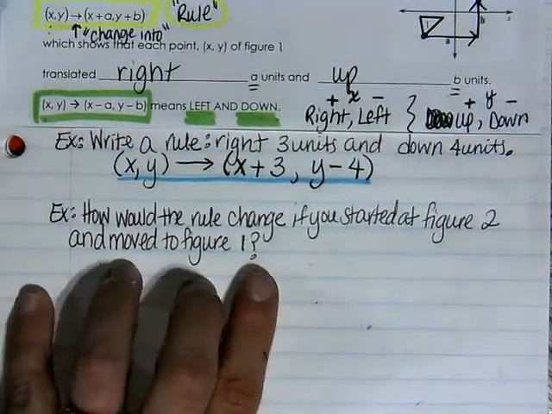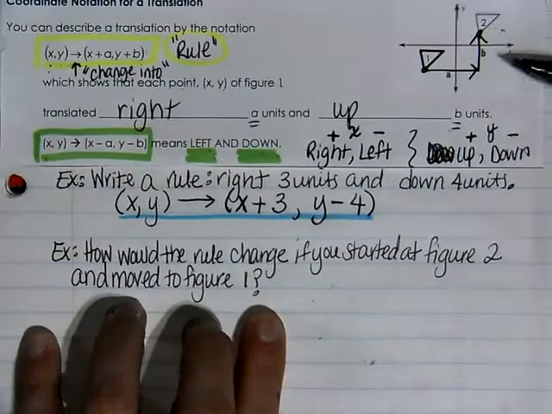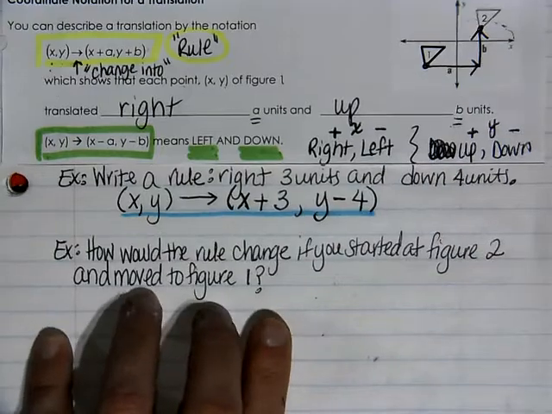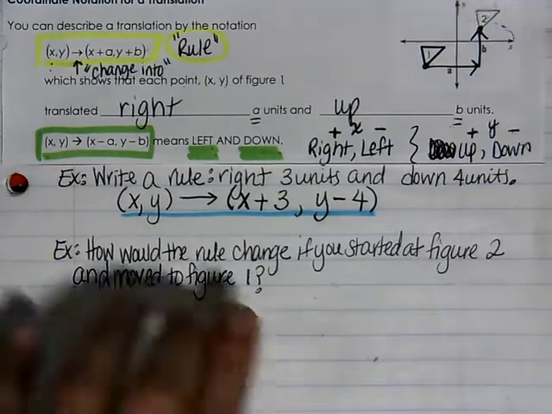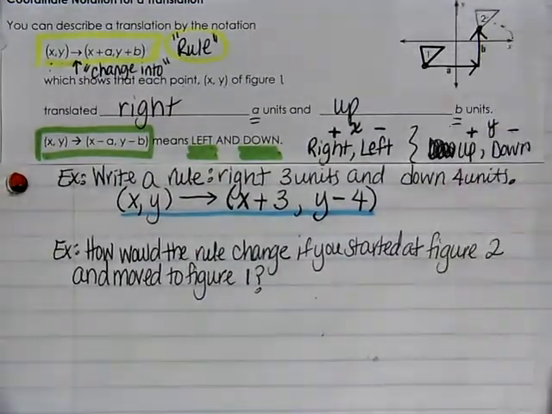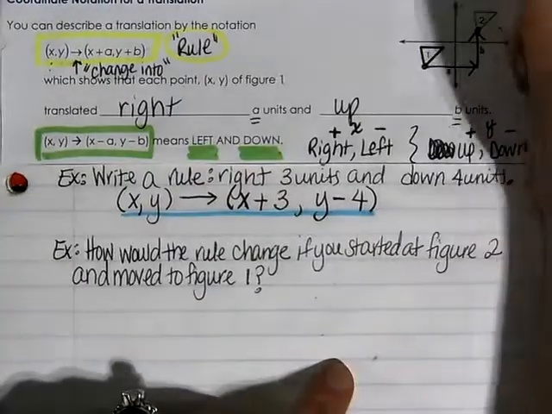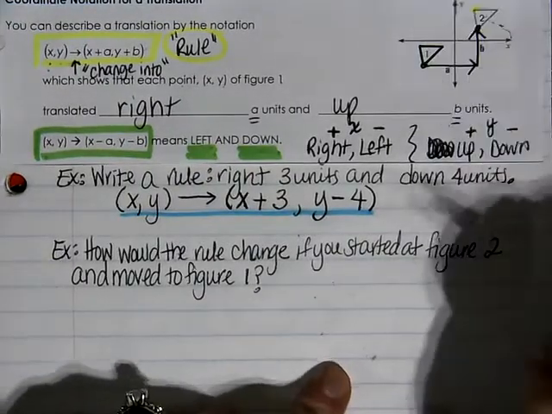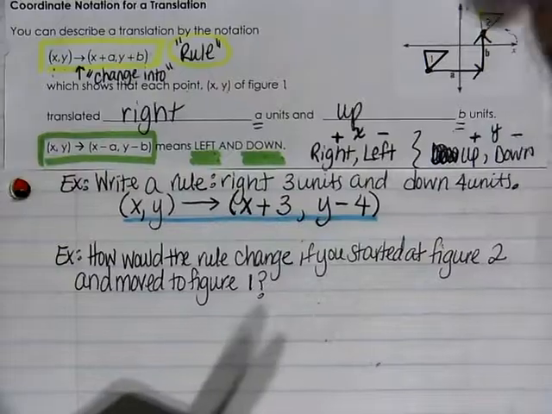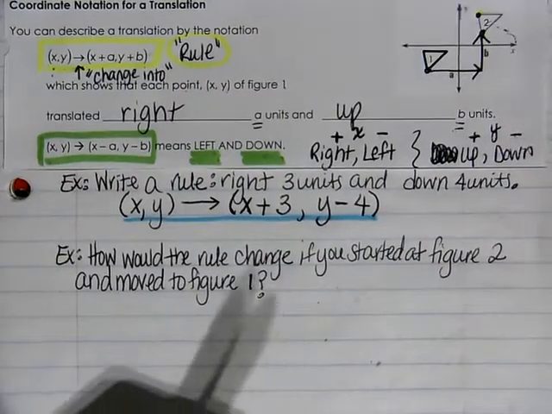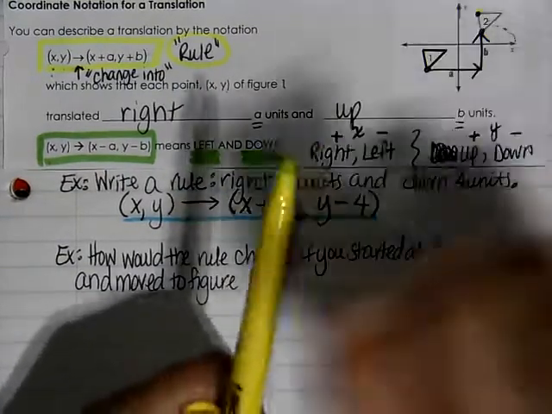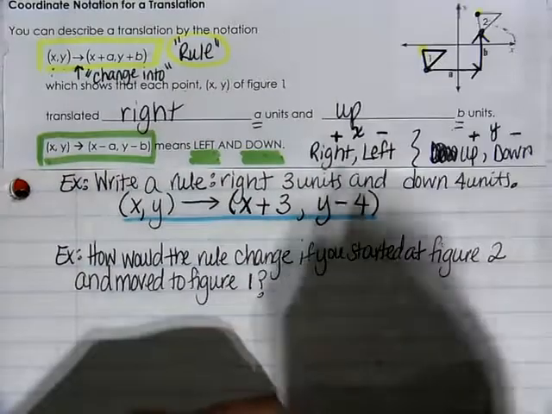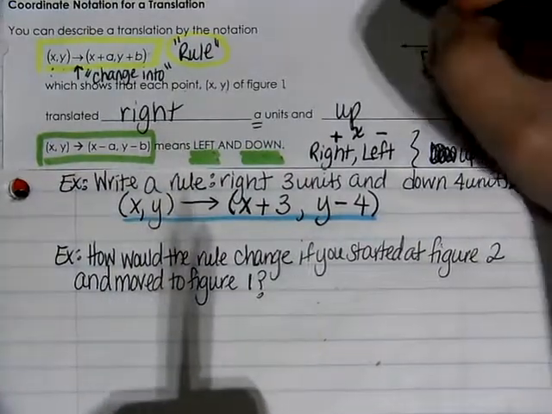What I'm referring to in this example is up here in this picture. What would happen if we started at figure 2 and ended at figure 1? Well, you would have to pick a point. So I would pick this point right here on the edge. And I would ask myself, what am I doing in order to get to its corresponding or matching point on the other side?